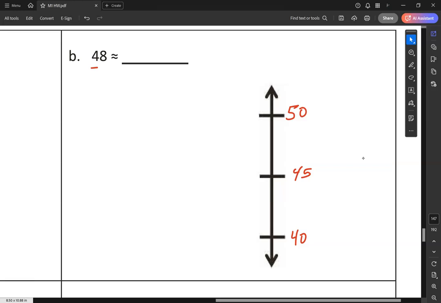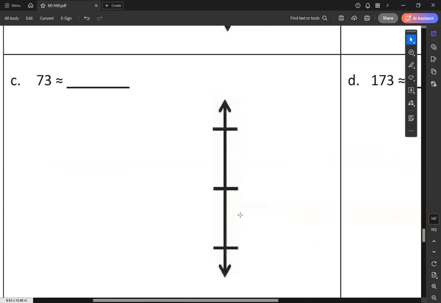So I'm going to start at 45 because it's above 45. So 45, 46, 47, 48, 49. 48 would be right here. So is 48 above halfway or below halfway? Right, it's above halfway. So we will round to 50.